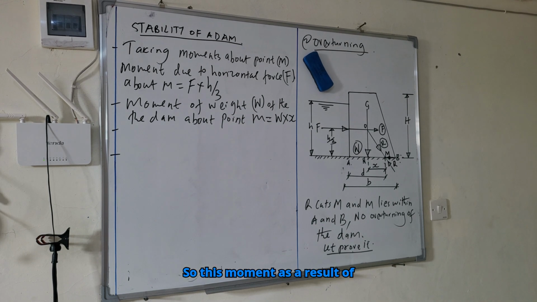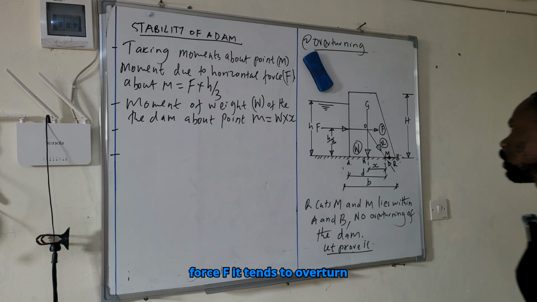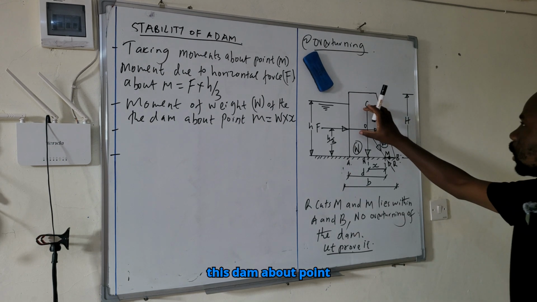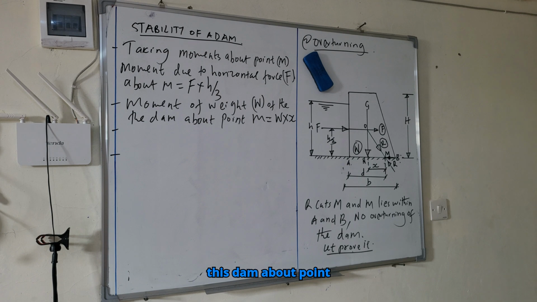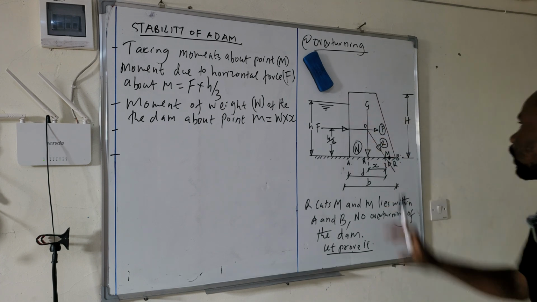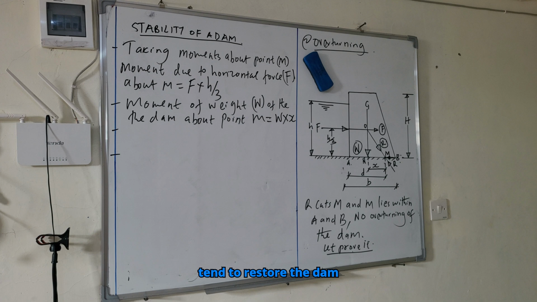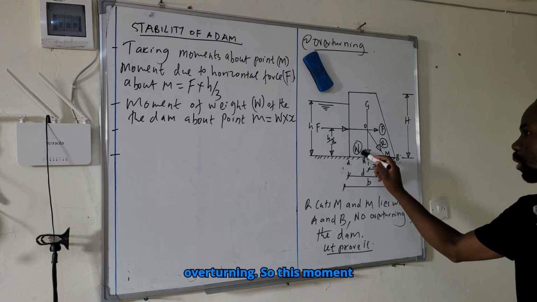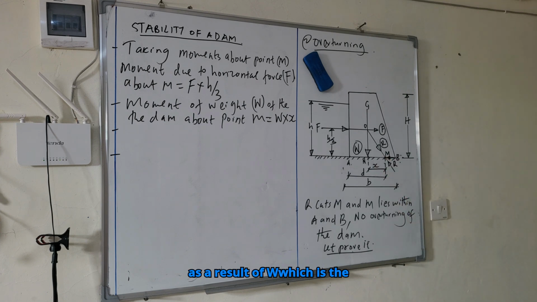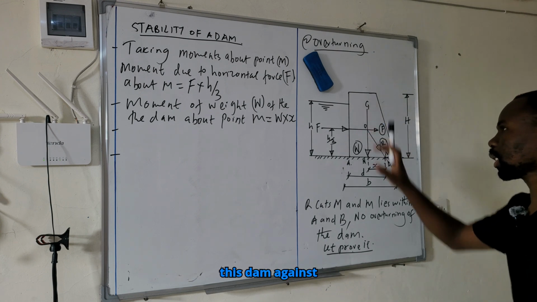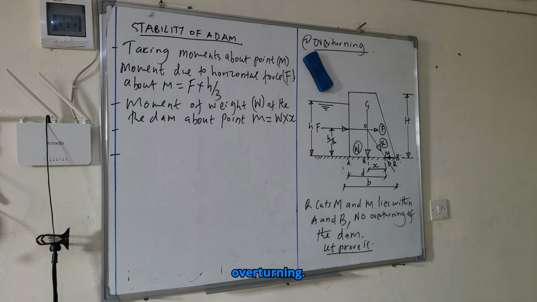So this moment, as a result of force F, tends to overturn this dam about point B. But the moment of weight of the dam W tends to restore the dam against overturning.